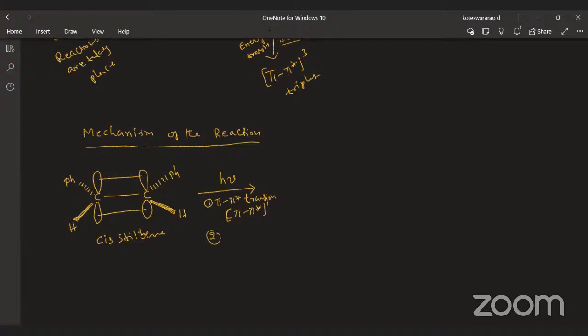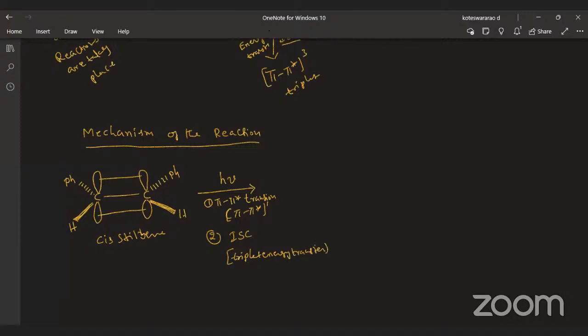After generation of the singlet state, in the second step it undergoes intersystem crossing, ISC, that means triplet energy transfer.